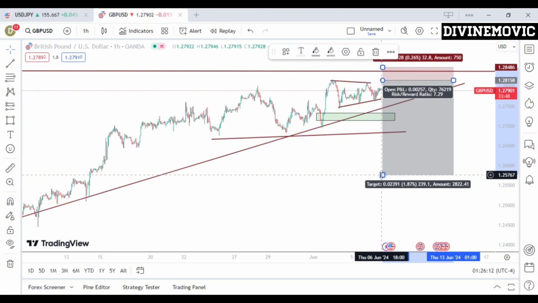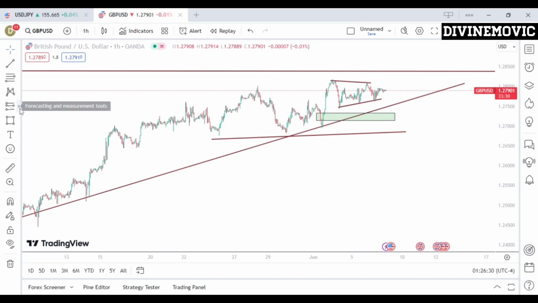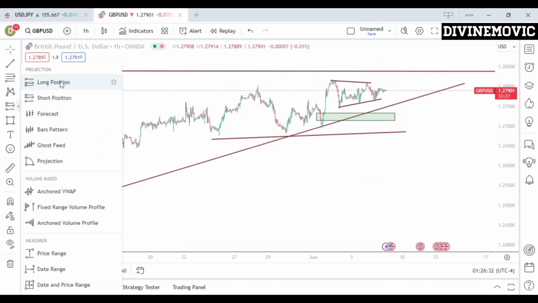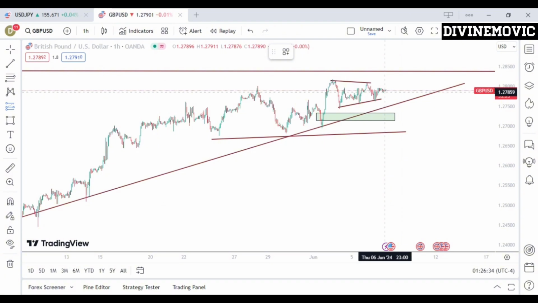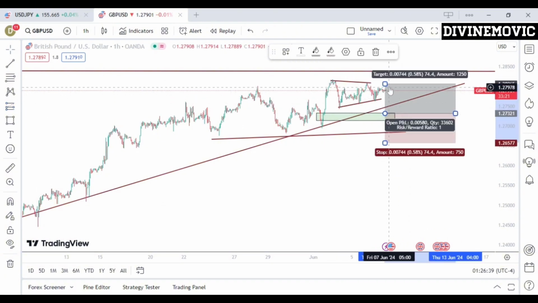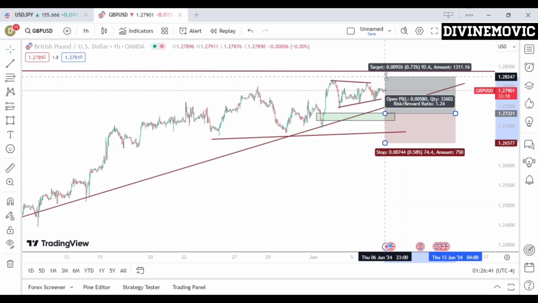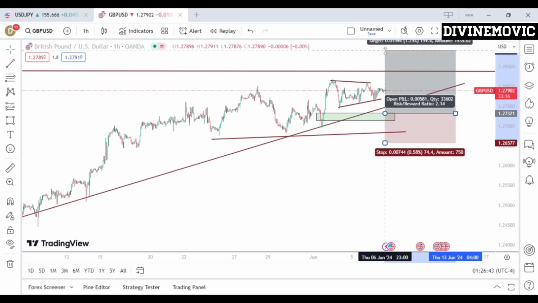That means I'm expecting the price or the news to push price to the downside. Or if price does not take out buy side liquidity first and price goes for the sell liquidity, then I'm expecting the news to basically do something like this: sweep the sell liquidity, come into my demand zone and even go as high as possible.